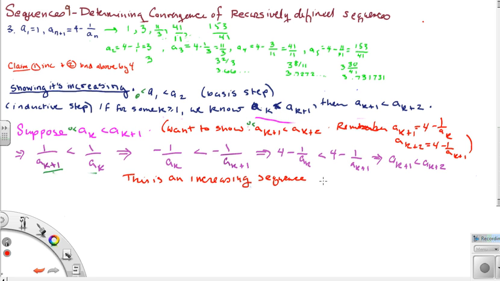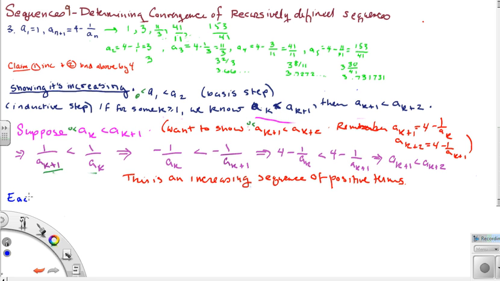Of positive terms. Now, the fact that it's bounded by 4 is a little bit easier, because it's still a slight inductive argument, but not too bad. We just have to note that each a_n is positive. Actually, we don't even need induction.